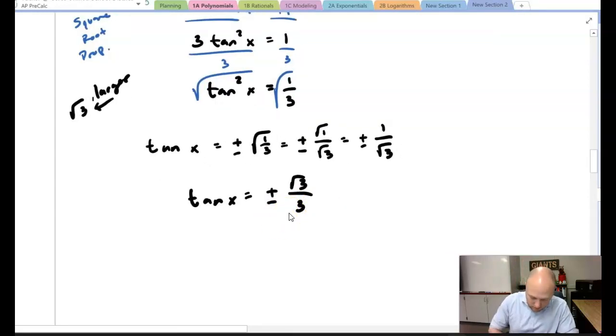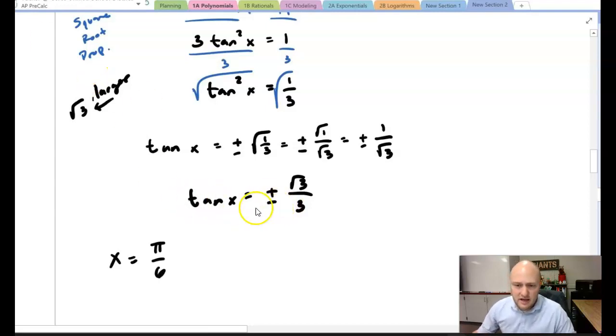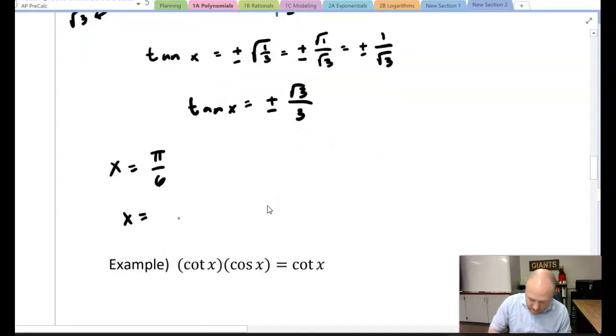So what we get here is x is equal to pi over 6. And then notice I also have a negative value here. So this is going to be x is equal to 5 pi over 6.